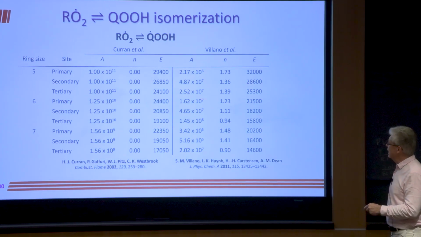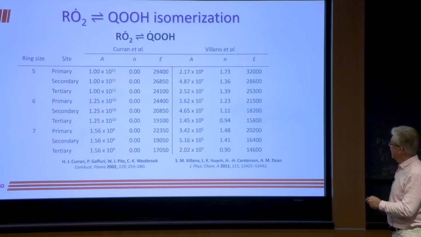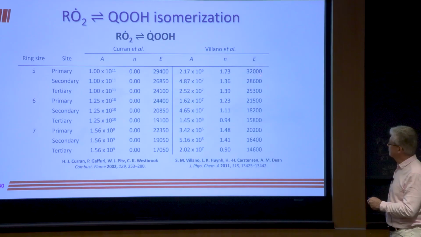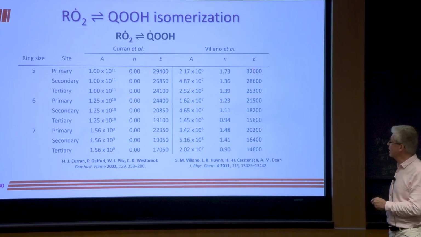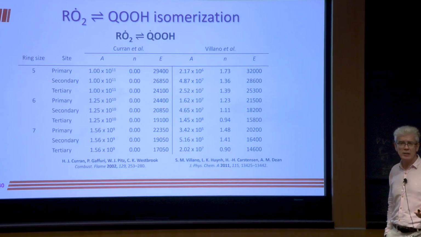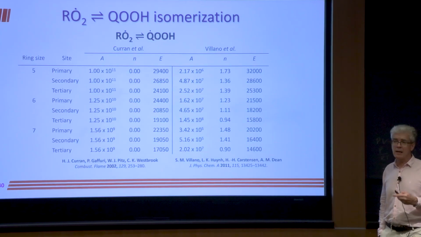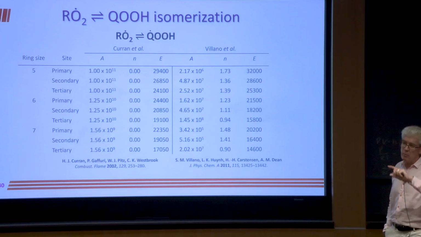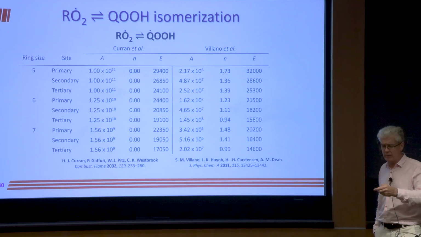But just look at the activation energies for primary, secondary, and tertiary. You can see, actually, okay, so for the 5 primary, theirs is 3 kilocalories per mole higher. But they're of the same magnitude, about the same size. And certainly the variation in activation energy is about the same in each case. Okay, ballpark. I'm only hand waving, right?